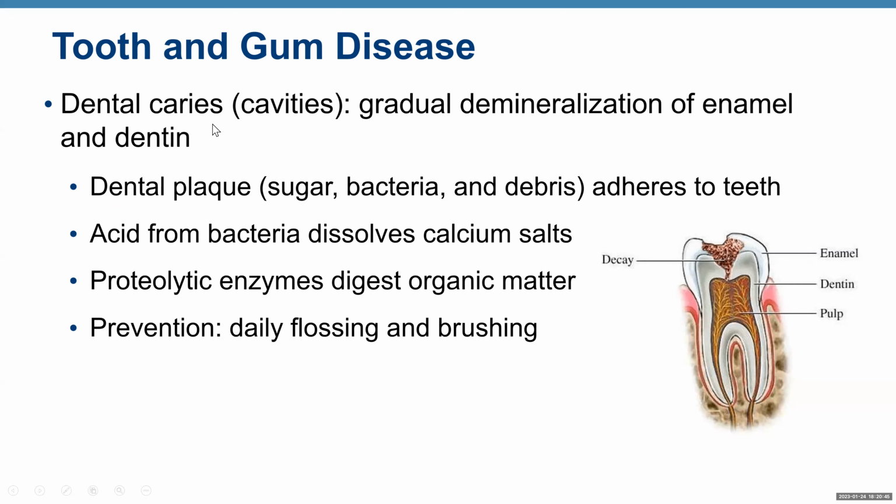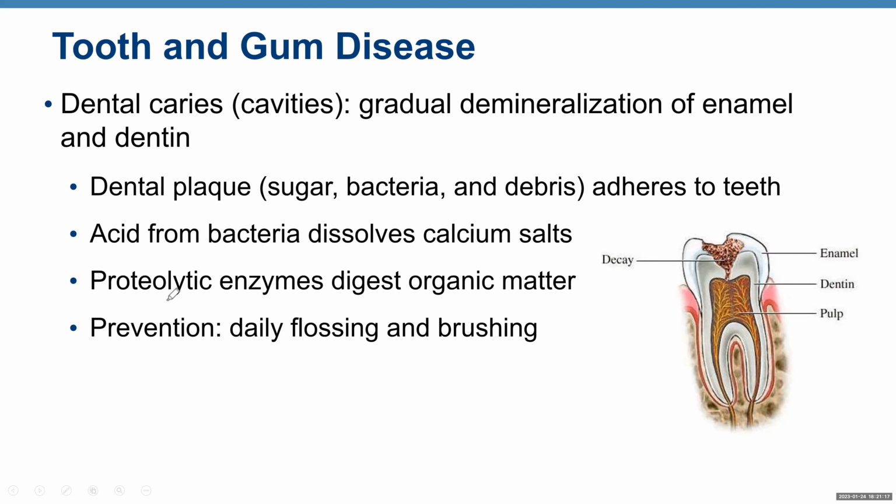Dental caries or cavities is a gradual demineralization of enamel and dentin. A dental plaque is formed that is made of sugar, bacteria, and debris, and plaque adheres to teeth. Acid from bacteria dissolves calcium salts that are found in enamel and dentin.